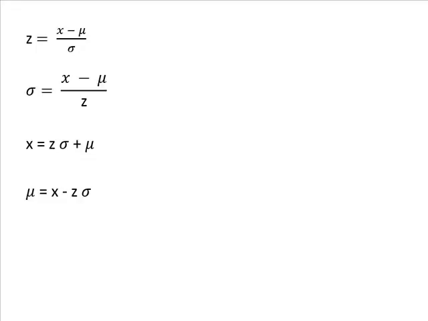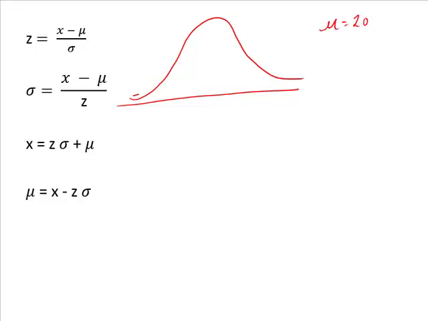You have determined that the time needed to build these games is normally distributed. I'm going to draw my little curve, with a mean of 20 and a standard deviation of 5.